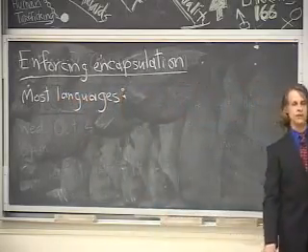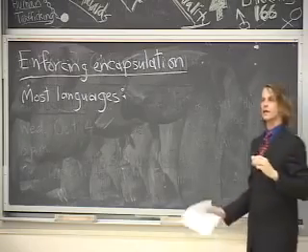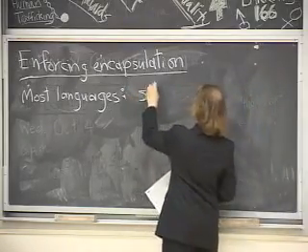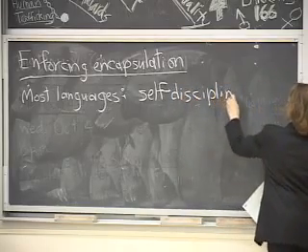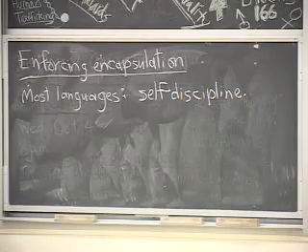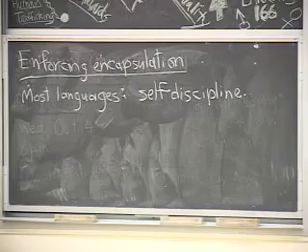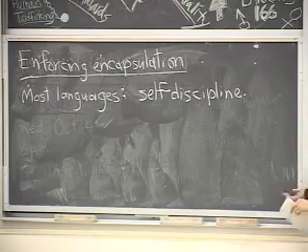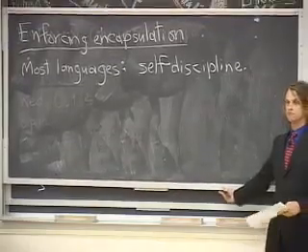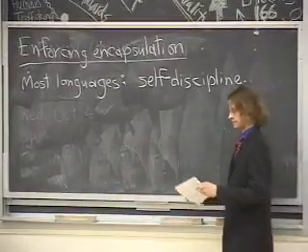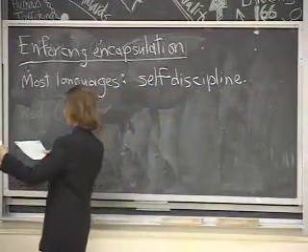Most languages give you one construct for enforcing encapsulation. It's not a very powerful one. Self-discipline. Java gives you a little bit more, fortunately. So does C++. C does not. Pascal does not. Lisp does not. Scheme does not, as far as I know.